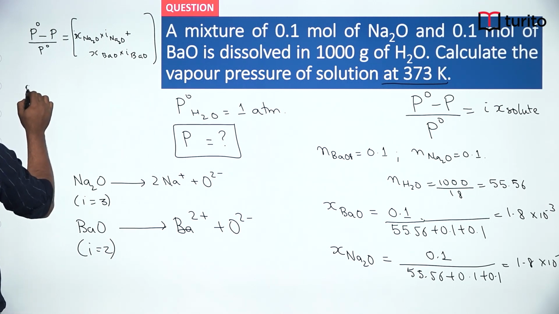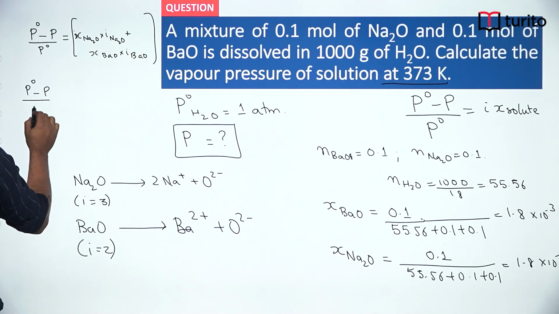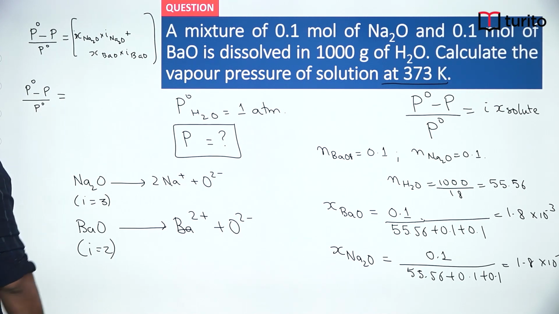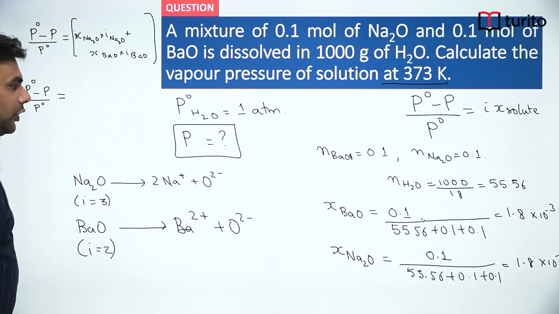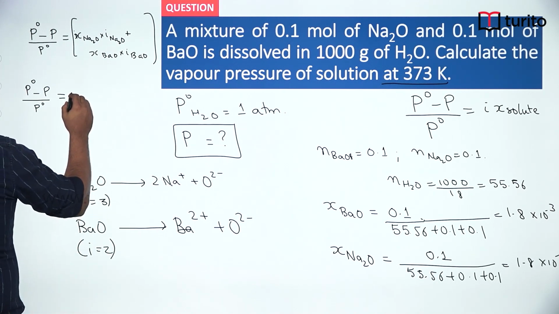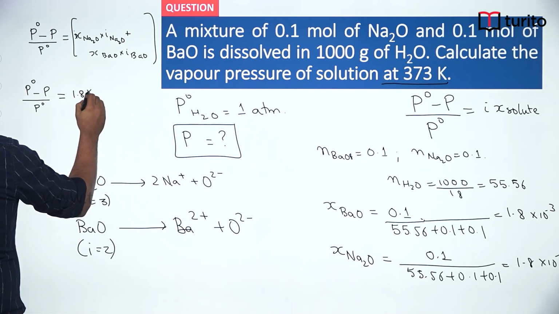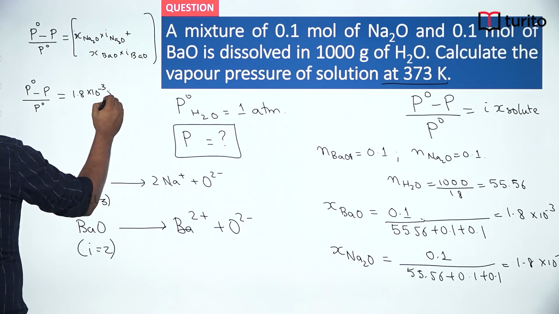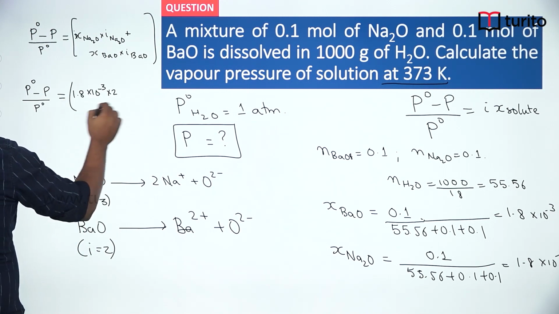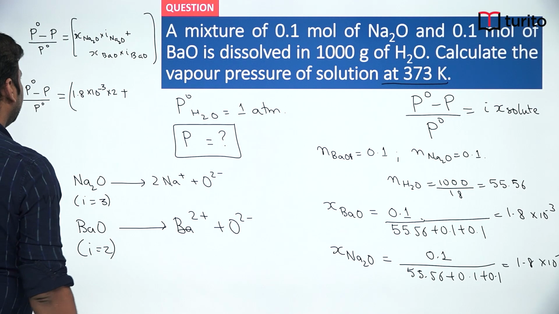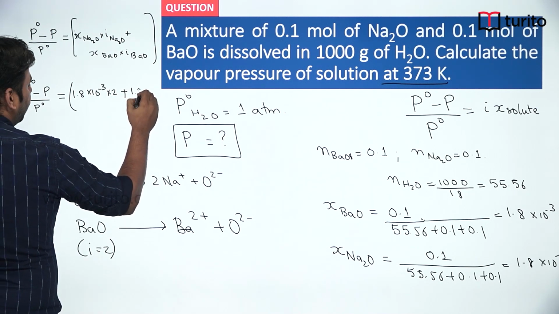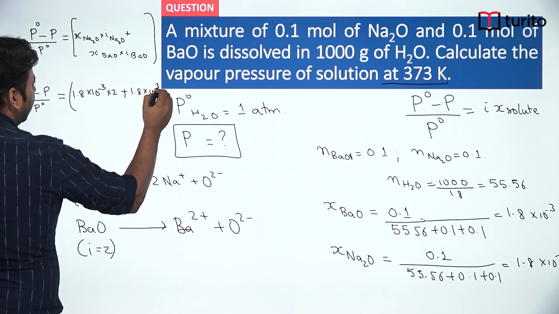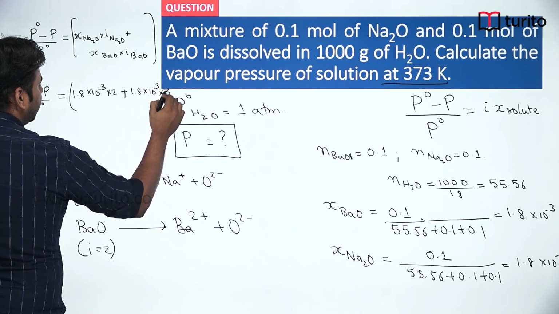So this would be P naught minus P upon P naught equals, okay, we know that the mole fraction of BaO is 1.8 into 10 raised to minus 3, and its Van't Hoff factor is 2, plus mole fraction of Na2O, which is 1.8 into 10 raised to minus 3, and into its Van't Hoff factor, which is 3.